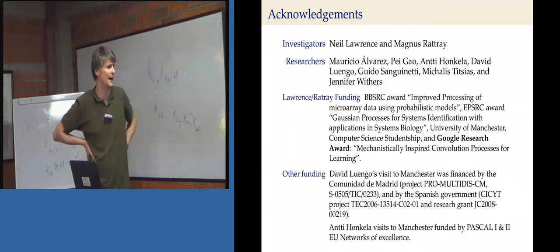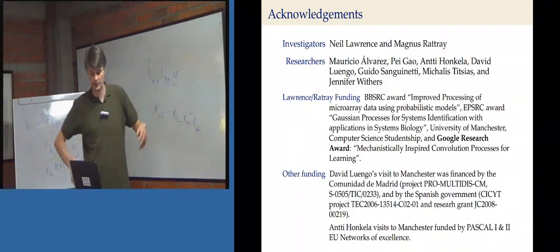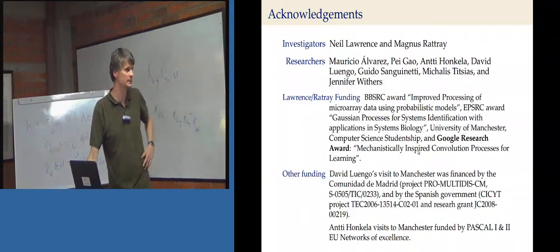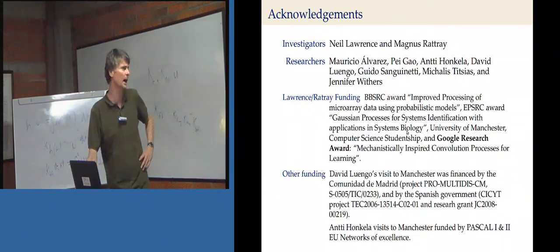for quite some time, with several awards, including this one with Maurizio, this Google Research Award, mechanically inspired convolution processes for learning. But we also used it as the basis of these Gaussian processes for systems identification with applications in systems biology, and improved processing of microarray data with probabilistic models was funding Pei Gao, who did some of the early work.